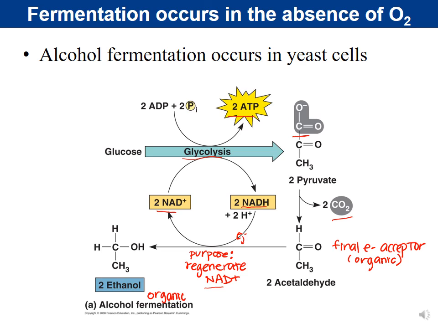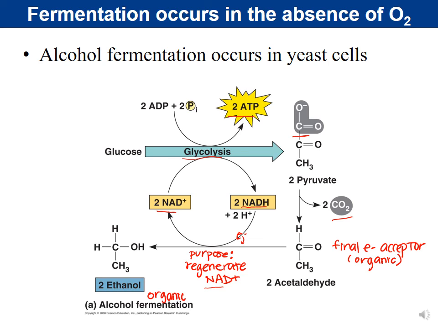If, however, we don't have an electron transport chain because there is no oxygen, right? If we were just doing glycolysis to get ATP and that was it, that's a problem, because as the cell continues to do glycolysis, it's going to keep producing NADH, but not having any more empty NAD+, because all the NAD+ is being utilized to form the NADH during glycolysis.